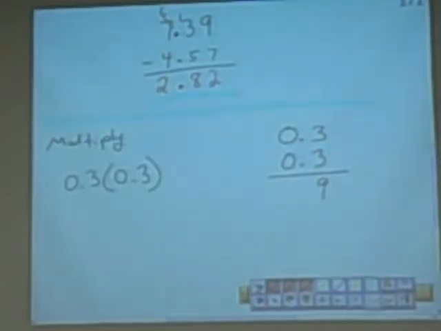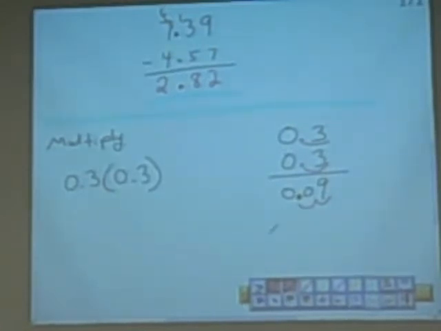But we have to count the number of decimal places. Here's 1, here's 2. So from the decimal point, which is after the 9, how many places do we go? 2. 1, 2. Decimal point. 0.09, because this is two decimal places, right?